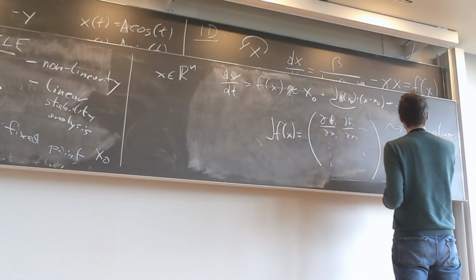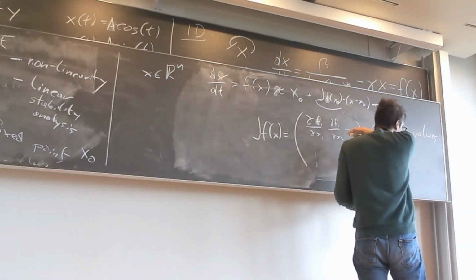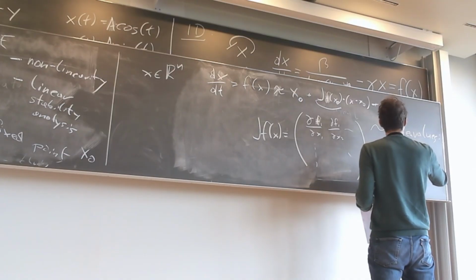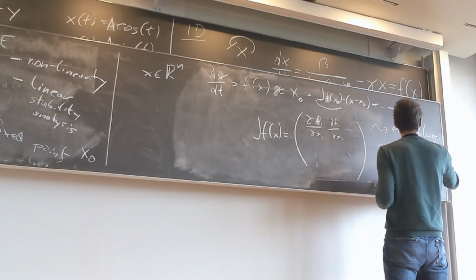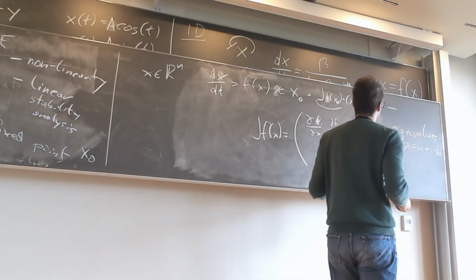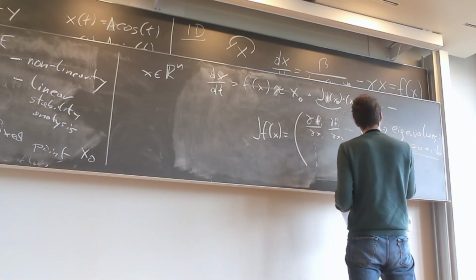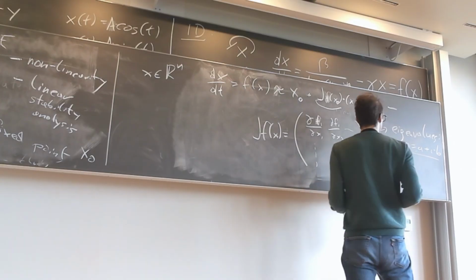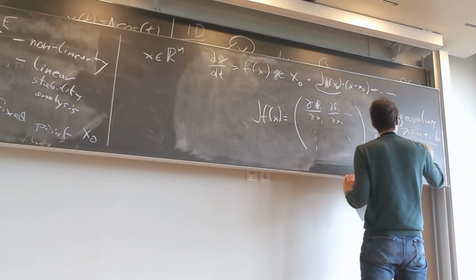Even though this is a real matrix, so only real entries, it can have complex eigenvalues. So your eigenvalues will be of the form, let's say, lambda equals a plus i times b, where i is the imaginary unit. And we have some rules. So if b is equal to 0 for all of your eigenvalues, then you can't have oscillations.